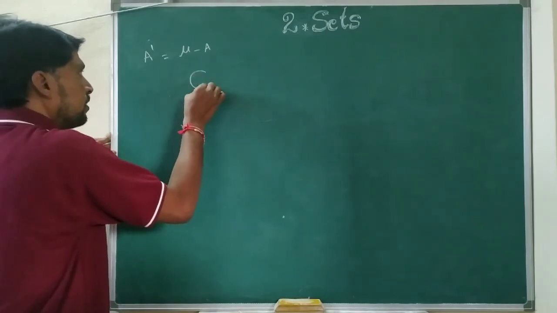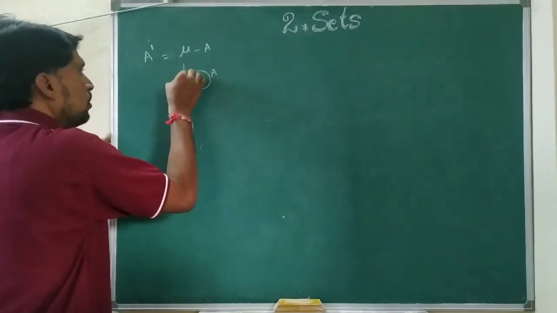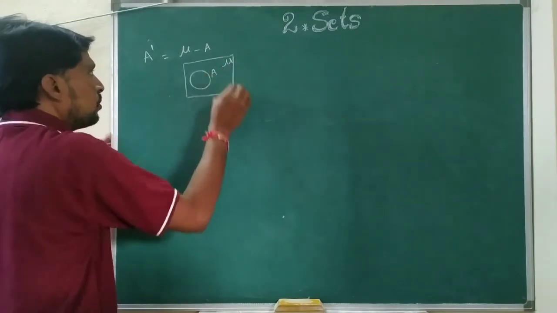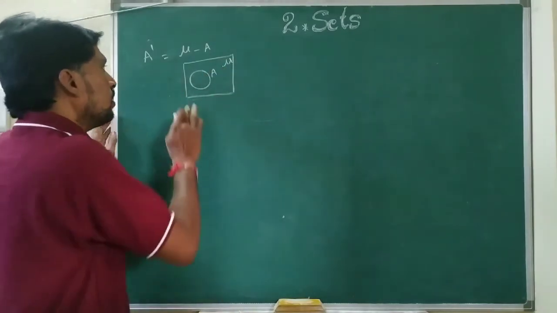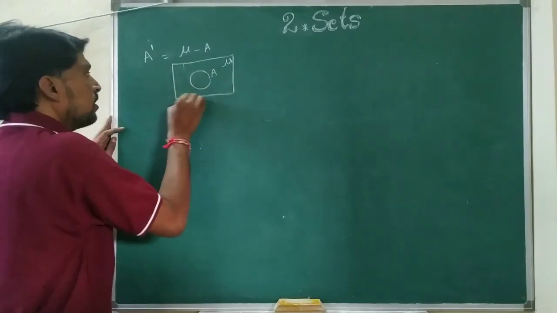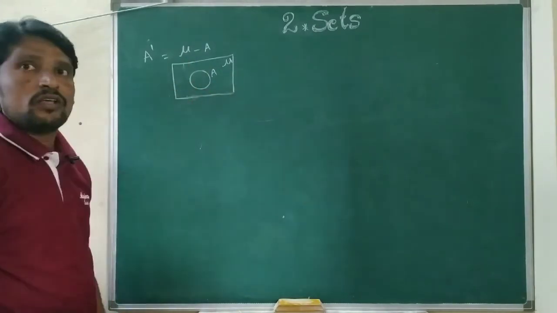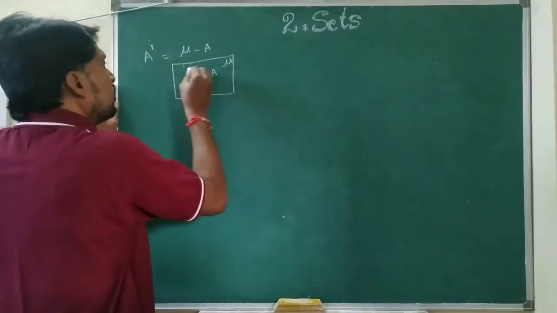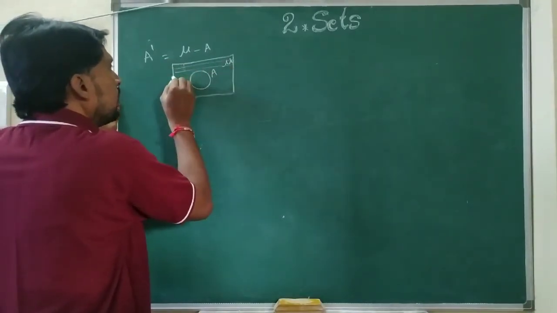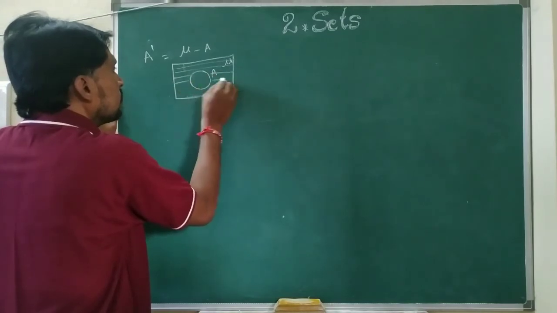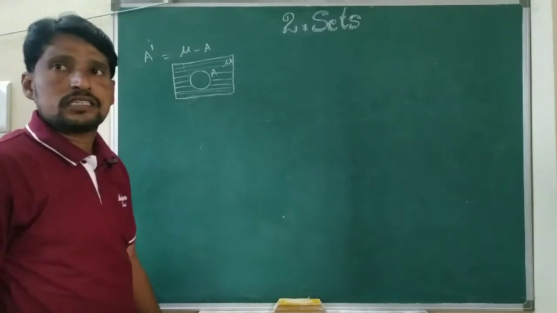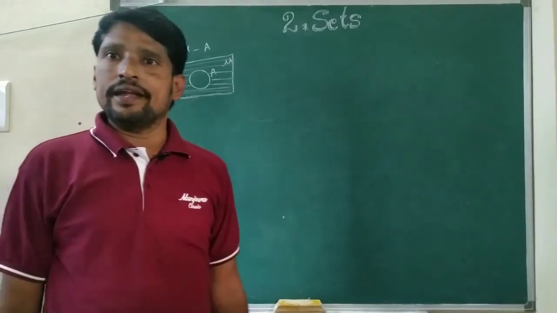This is the set A, and this is the universal set. From the universal set we are subtracting A, which means without this A we need to write the total. Like this we are getting it. This is called A dash.